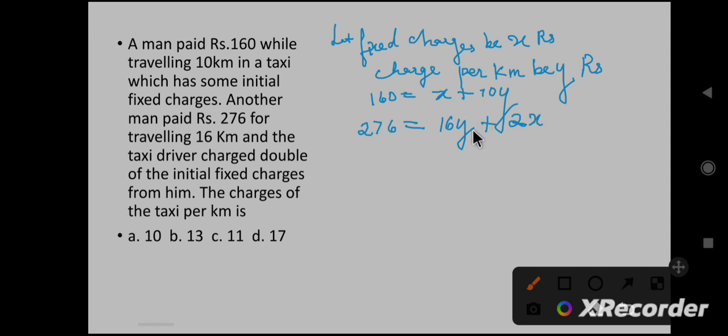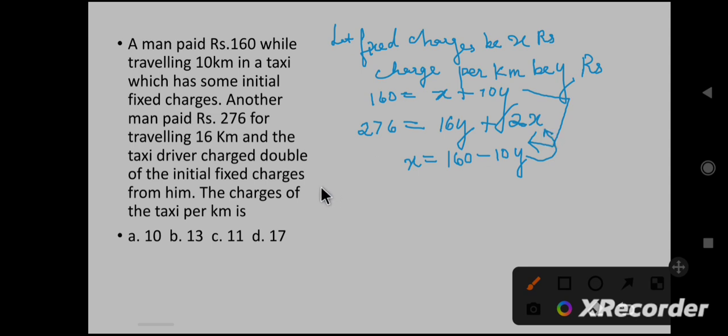So we have two equations and two variables, so we can easily find out x and y. From the first equation we can get x is equal to 160 minus 10y. We will substitute this x in the second equation.